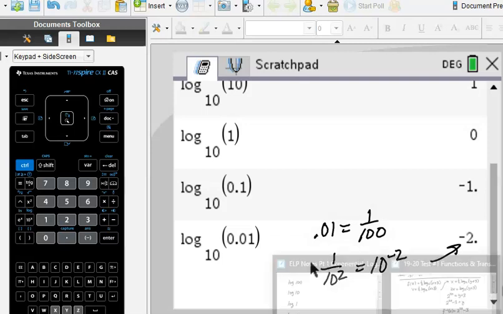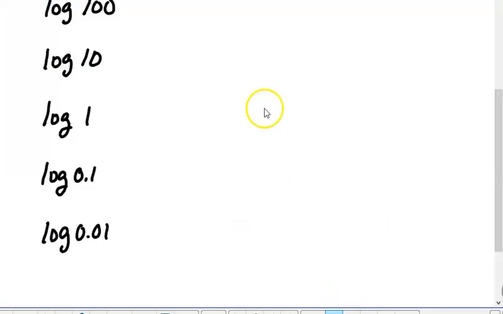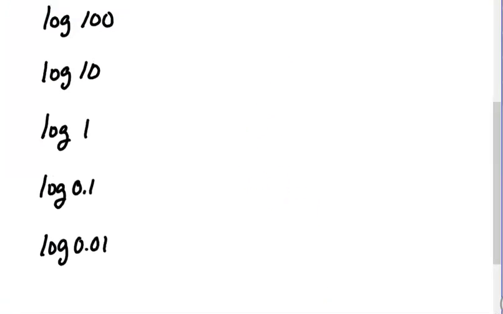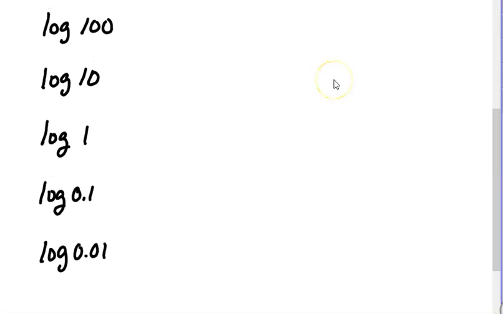So going back to the notes here, let's write down some of this. So we have log base 10 of 100 is 2, log base 10 of 10 is 1, log base 10 of 1 is 0, log base 10 of 0.1 is negative 1, and this is negative 2.